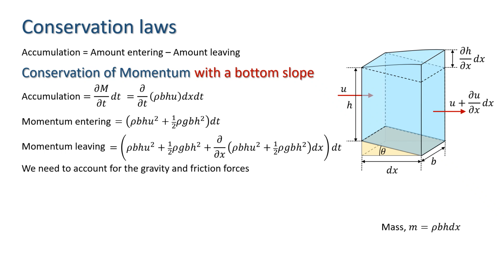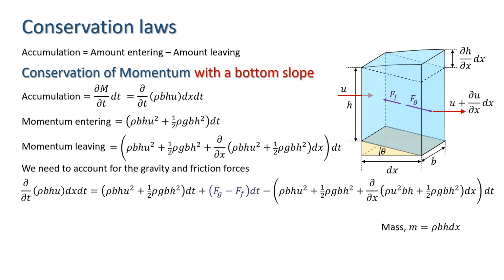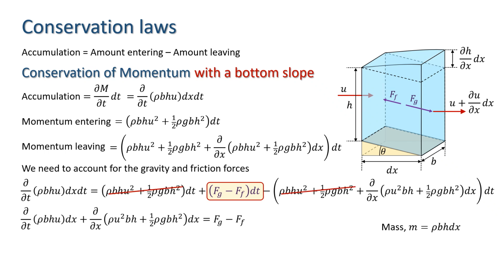We assume that theta is small, ensuring that the velocity remains approximately horizontal. We will have a gravity force acting down the slope and a friction force acting in the opposite direction. Our accumulation equation now looks like this, where you can see the momentum due to those two forces has been added to the right-hand side of the equation. As before, we have some terms that cancel, and dividing by dt, we are left with this equation.